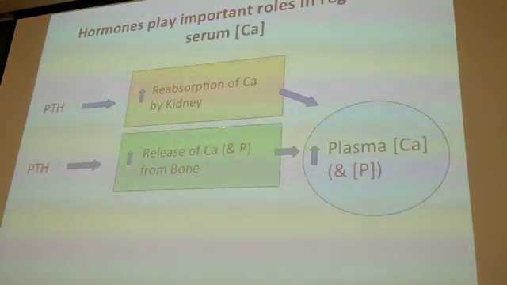The other is that it's going to increase resorption of bone, so bone breakdown, which is going to release calcium and phosphorus from the bone. That's present in the hydroxyapatite mineral that makes up the structural components of bone. So this is acting to regulate the plasma concentration of calcium.